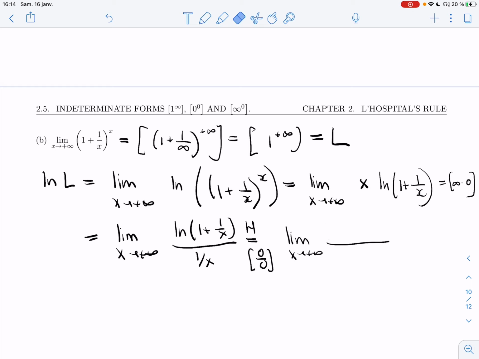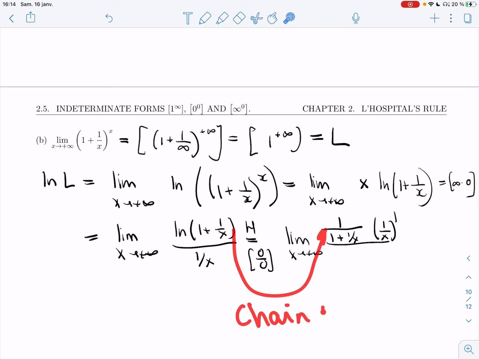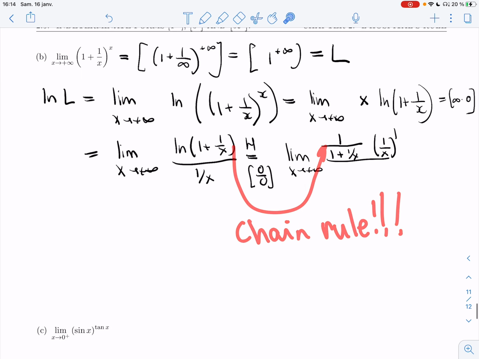I'm applying L'Hopital, so I need to differentiate both. Here it's 1 over 1 plus 1 over x, and then the derivative of the interior. So this here is a chain rule. With the interior being 1 over x, and that's why I have this term here.